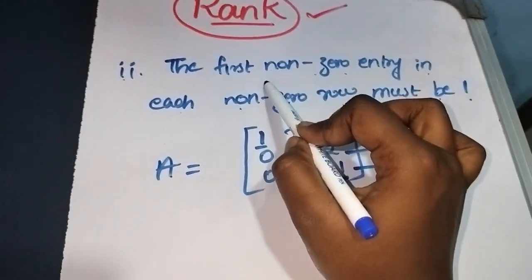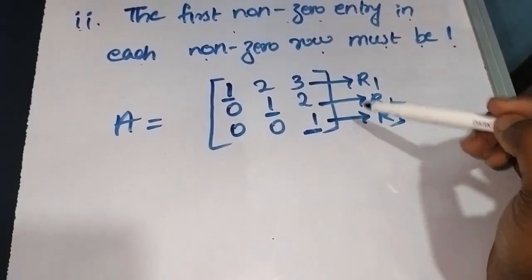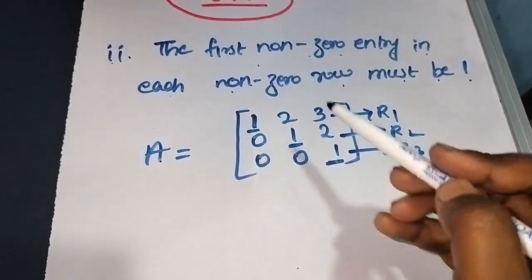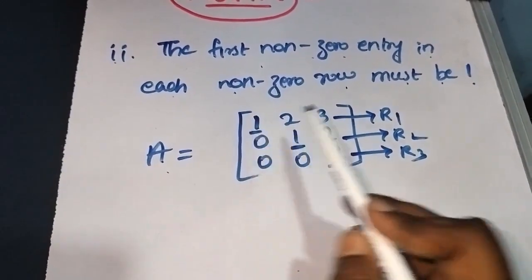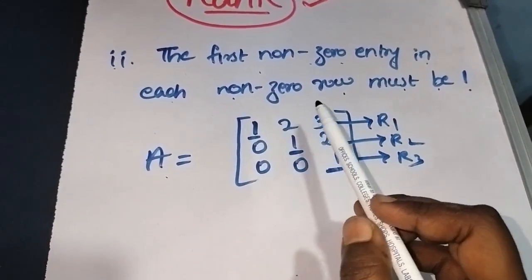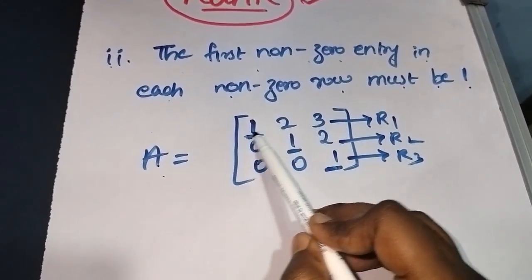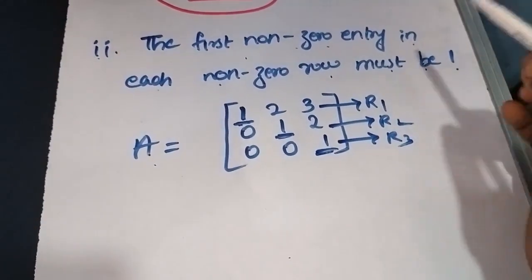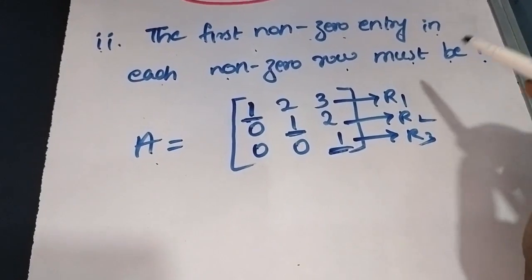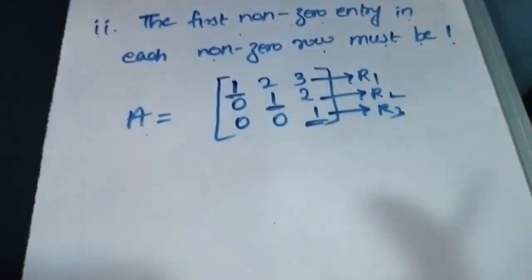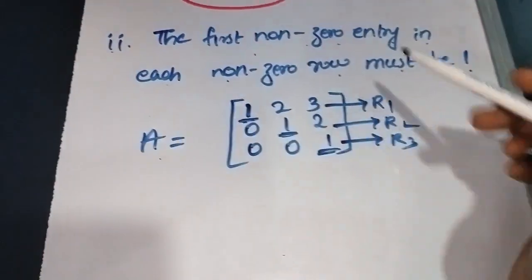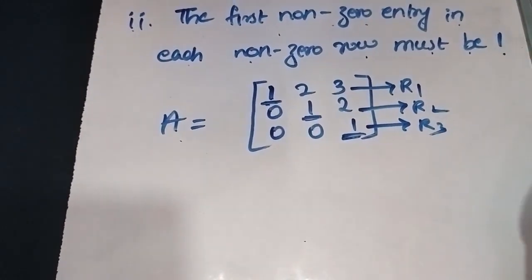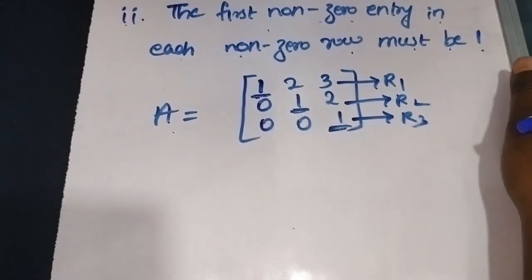The statement means that in an echelon form of a matrix, the first non-zero element of each non-zero row must be the value 1. This condition is as simple and as easy to understand as possible.